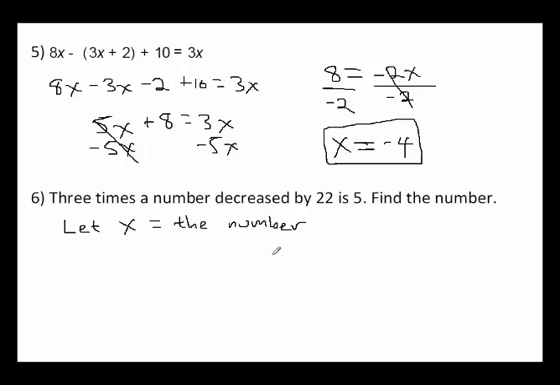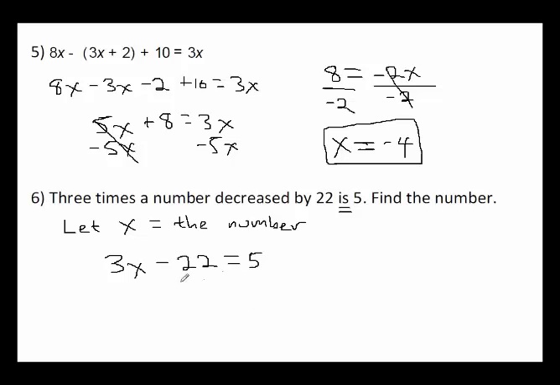So let's look at how this works in algebra. 3 times a number, well, we know that x is the number, and 3 times the number is 3 times x, which is 3x, decreased by 22, which means subtract 22, that's what decrease means, is, which always means equals, 5. Find the number. Let's solve this.